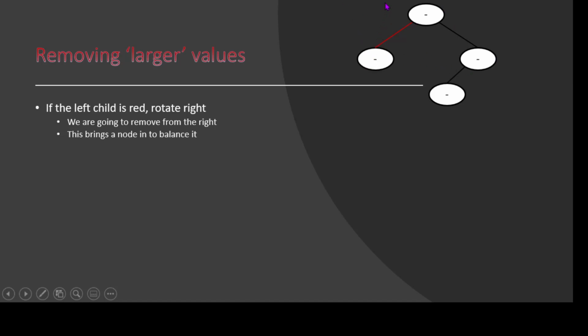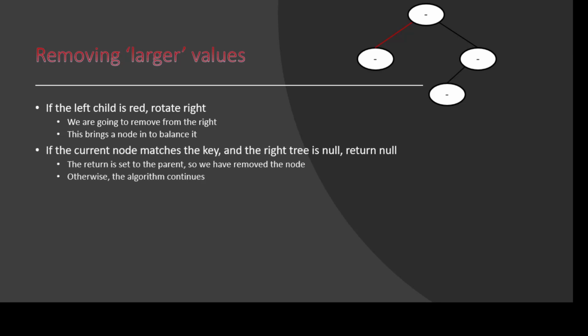This left child becomes the parent, the parent becomes the right of the left, and so on and so forth. So again, the strategy is, I know that the thing's going to be removed from the right. I want to go ahead and give it some extra cushion, so when I remove it, it's more likely to stay balanced, particularly if we have that in-between node that's going on.